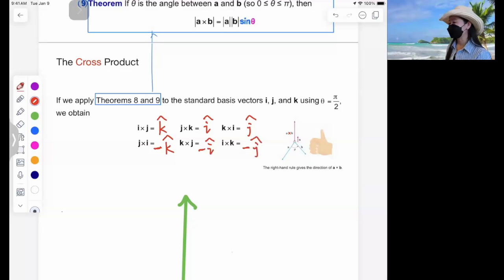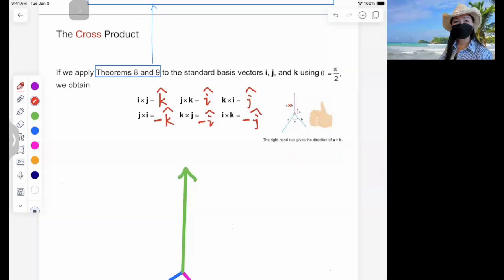Okay, good. I know some people had trouble with the right hand rule. Try it, okay? I think this class and also physics class is where students always use the right hand, for the magnetic field in physics. So I cross K. I, and then K is going up, right?